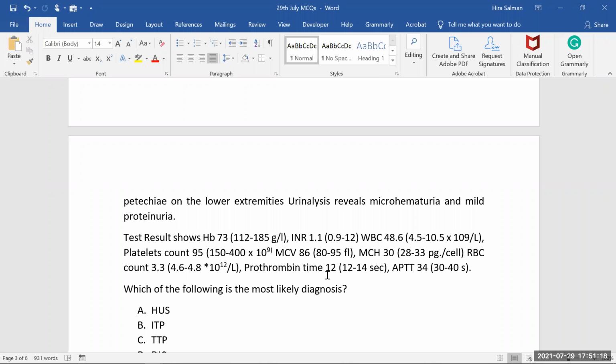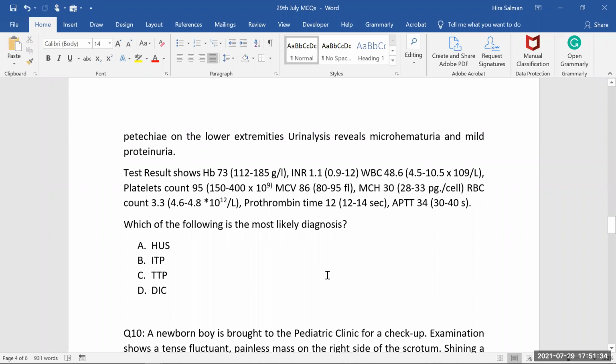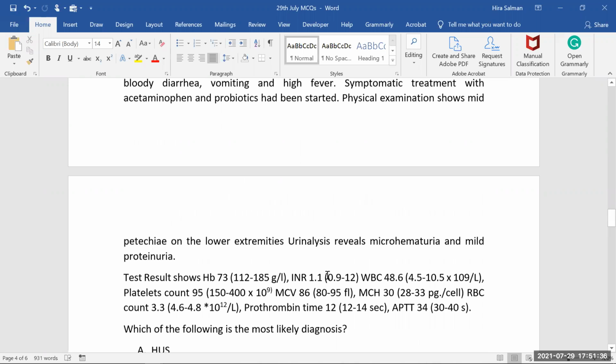Only platelet counts are decreased in purpuras, like idiopathic thrombocytopenic purpura, or here in case of thrombotic thrombocytopenic purpura or HUS. But now what is the one clue which can give you a diagnosis whether it's HUS or TTP?